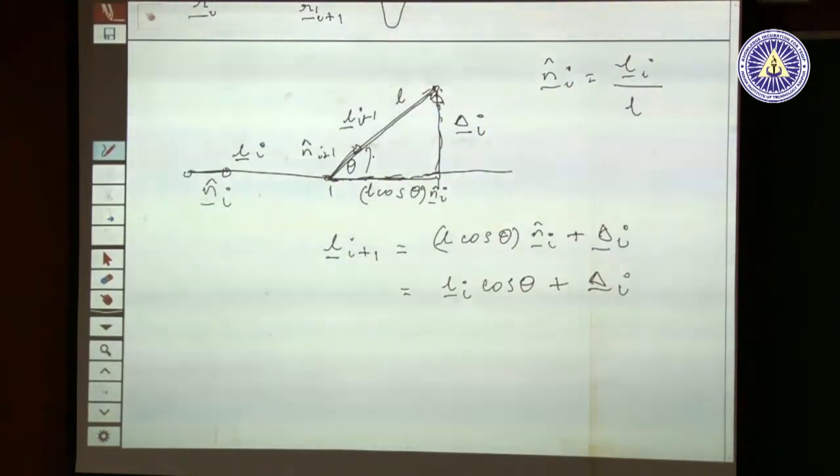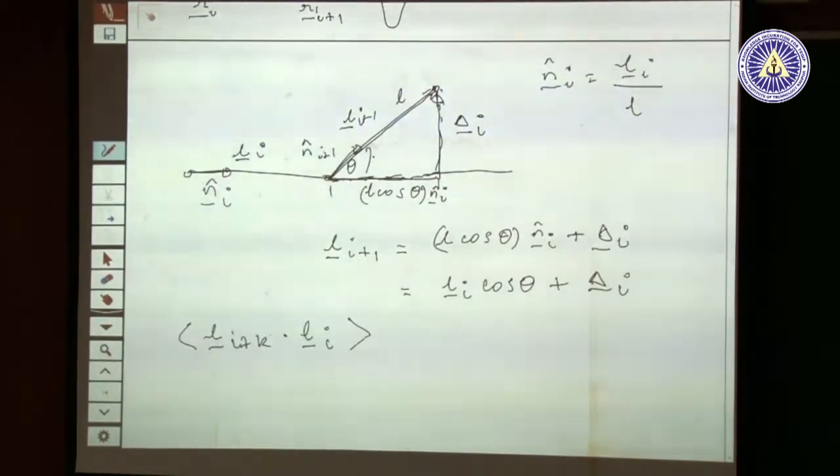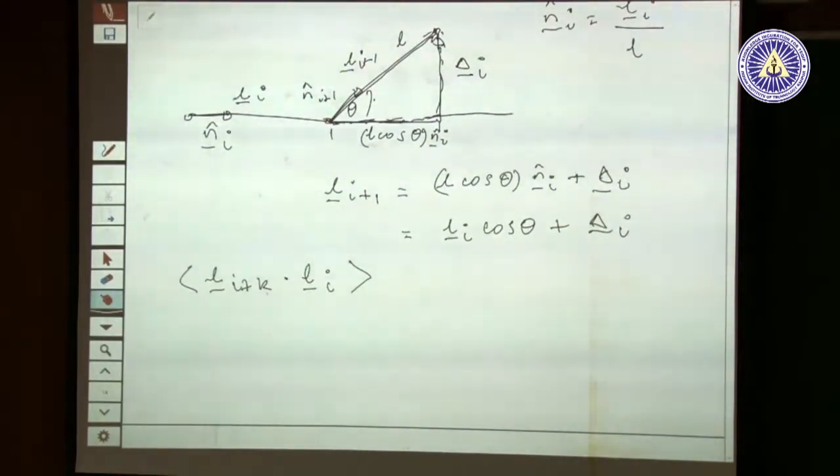So let us consider this quantity Li plus k dotted with Li, that is Li and something that is k bonds away, Li plus k. Okay. And use this thing that I have just introduced about how I could write Li plus k in terms of this random vector delta i.